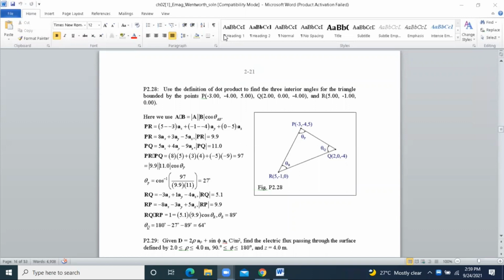Sir, yes, I'm here now. Sir, where it says rho is greater than or equal to 2, less than or equal to 4, should that be R? Rho. Yes, sir. Okay.